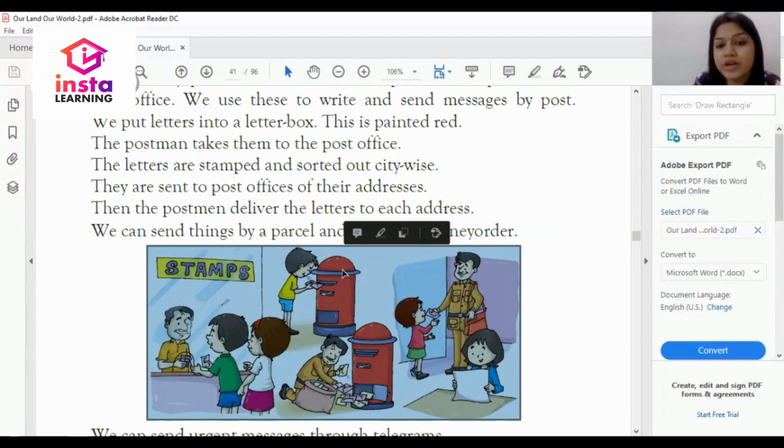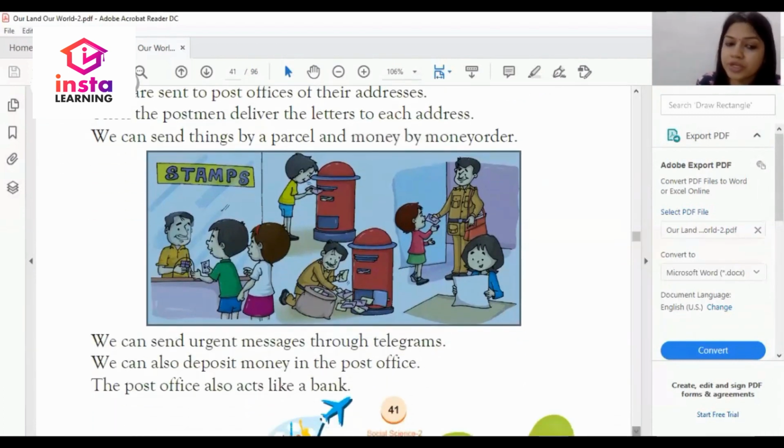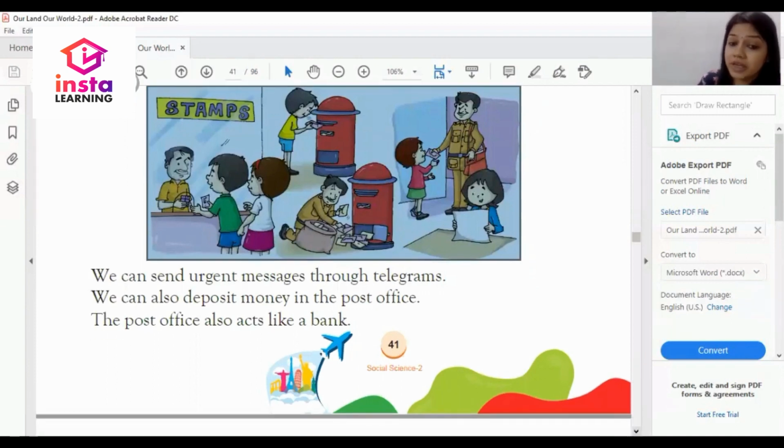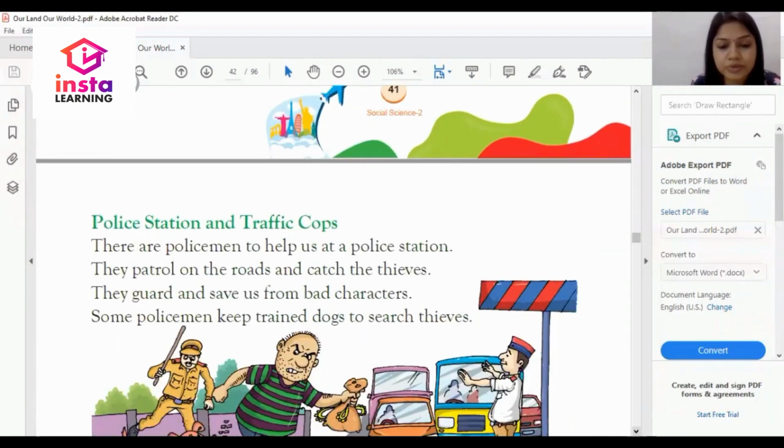Then the postman delivers the letter to each address. We can send things by a parcel and money by a money order. We can also send urgent messages through telegrams. We can also deposit money in the post office like a bank. So, dear student, post office is the very important part of our daily use things.